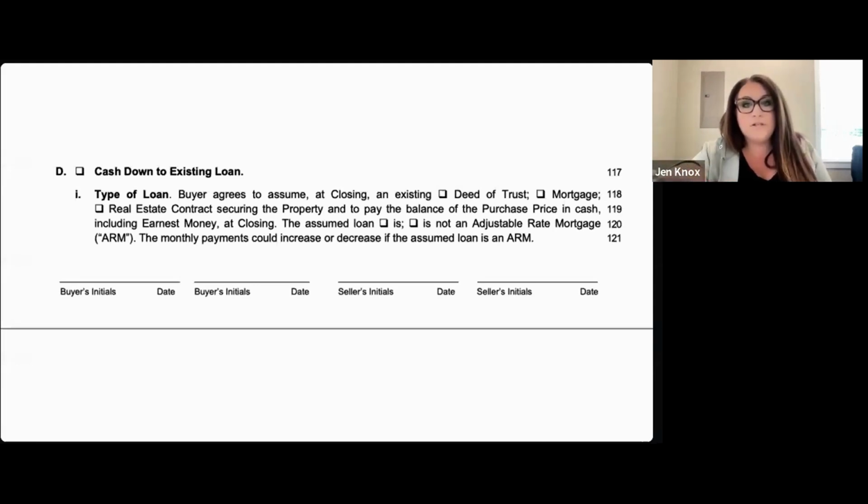Again, you do have the option of doing either a deed of trust, mortgage. You'd have to talk to the mortgage lender as far as what that would mean. I didn't have a good definition on what the mortgage would be. So talk to a lender on that one, or the real estate contract. And this would be necessary for you to put cash down for.